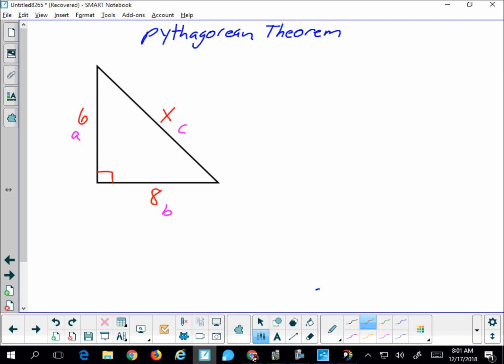Do you need all three sides? No, you need just two of them, and you're trying to find the third one. So what would my equation look like once I plug it in? 6 squared plus 8 squared is equal to x squared.